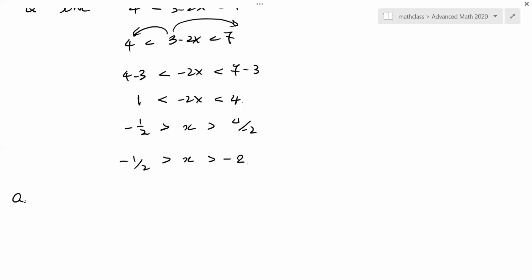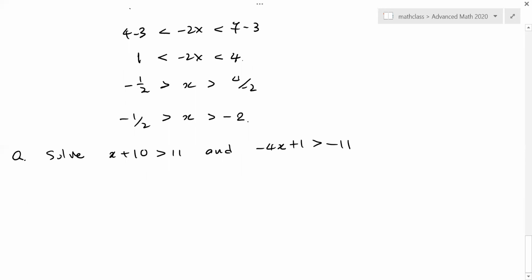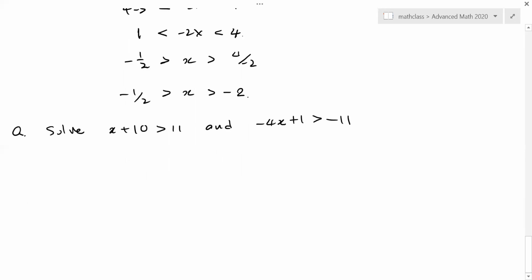But sometimes those two inequalities are not combined into one line, so you have to solve them separately, like x plus 10 is greater than 11 and negative 4x plus 1 greater than negative 11. To solve these two inequalities together, you need an unknown number which satisfies both inequalities at the same time.